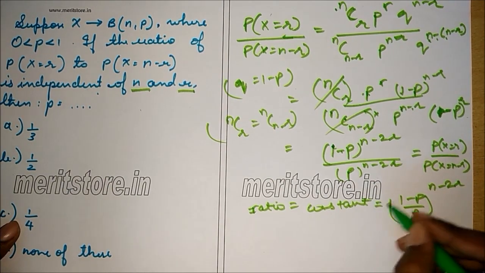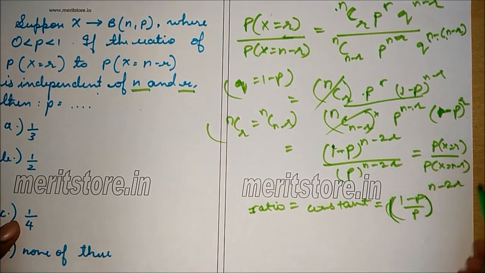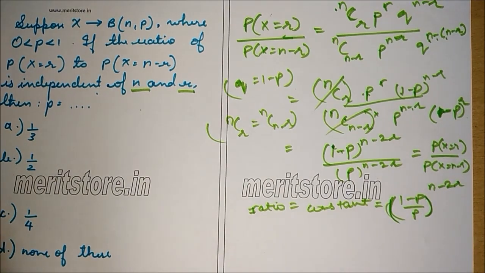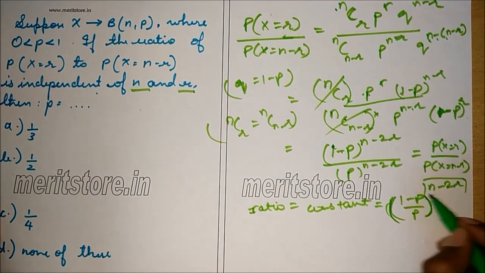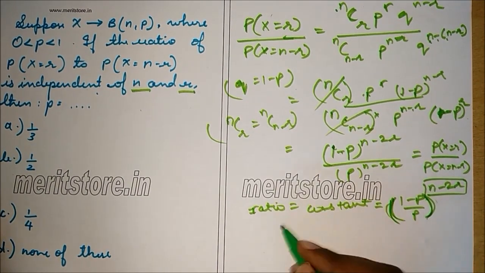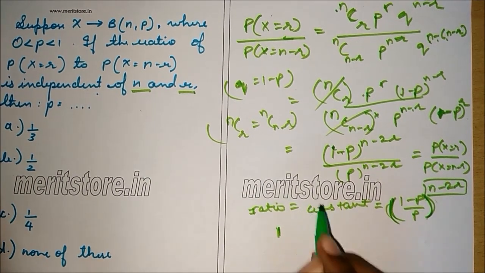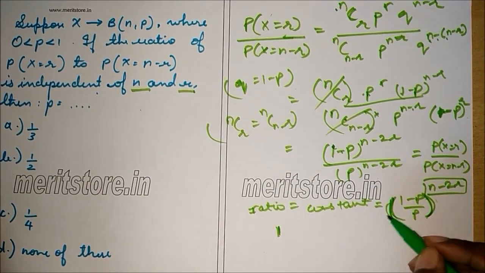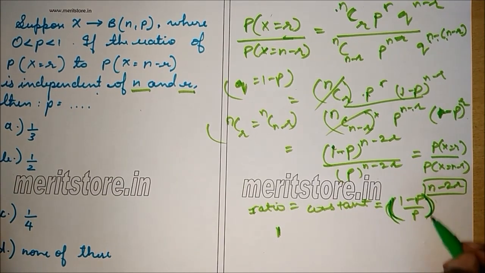Now this term is supposed to be a constant. Whatever the power is, the whole term will be constant, and this is only possible if this bracket is 1, since 1 raised to anything is 1.